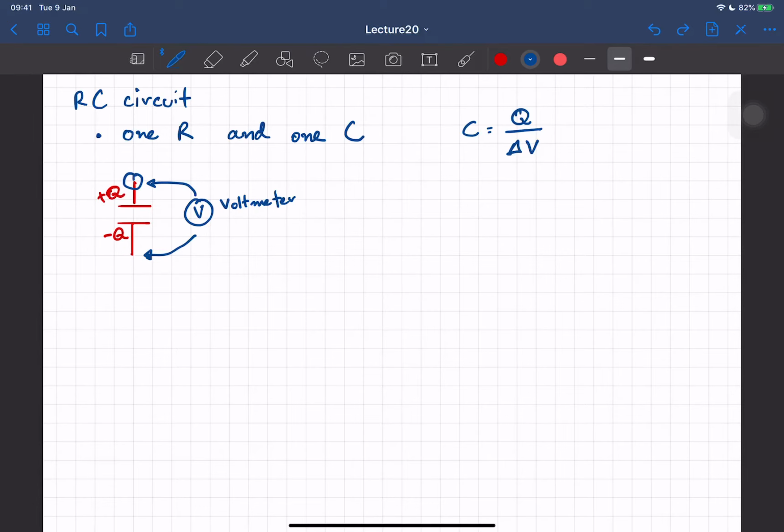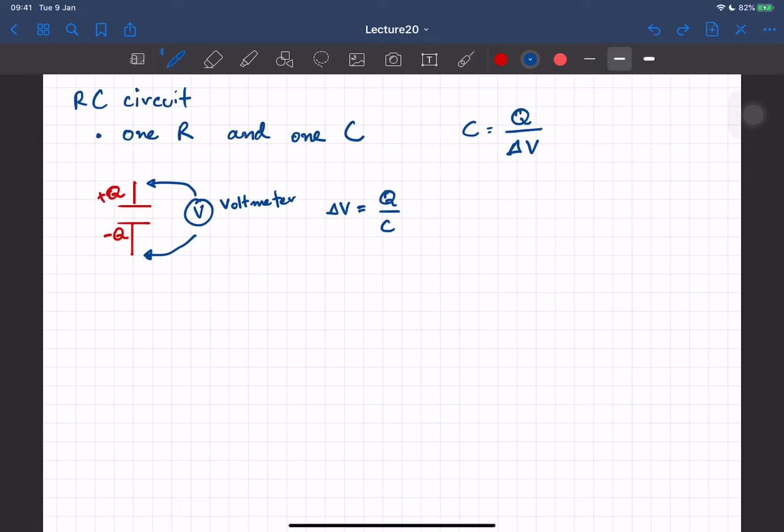So delta V that appears in this formula is going to be Q divided by C. In other words, the voltage across the capacitor is a direct measure of how much charge you have on the capacitor. The more charge you have on the capacitor, the more voltage difference, potential difference, between the two legs or the two terminals of the capacitor.